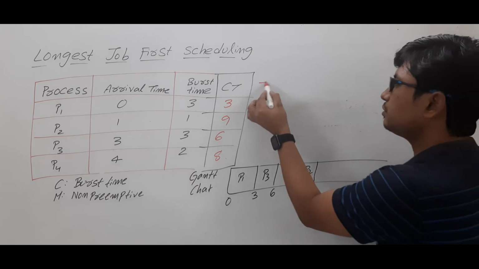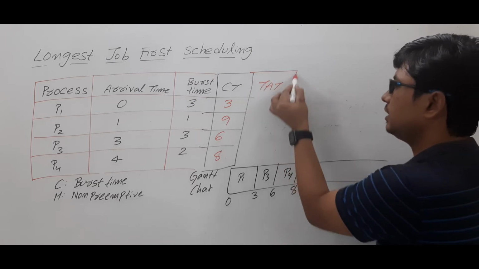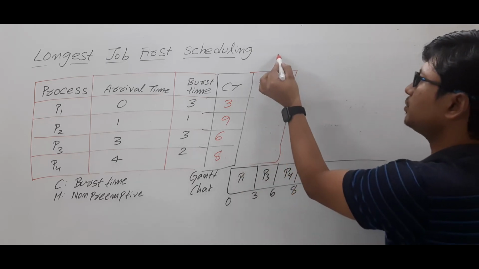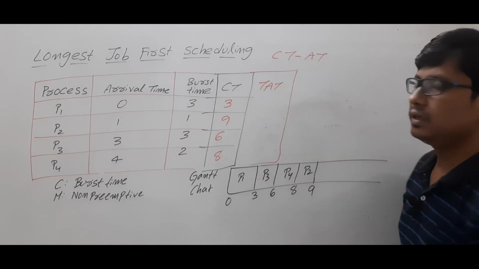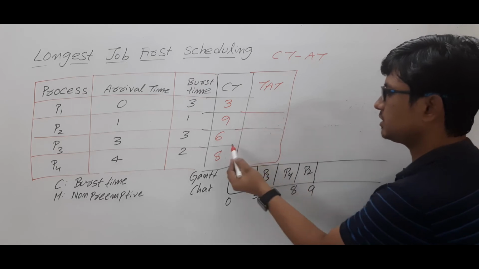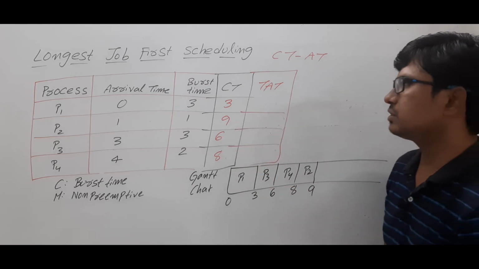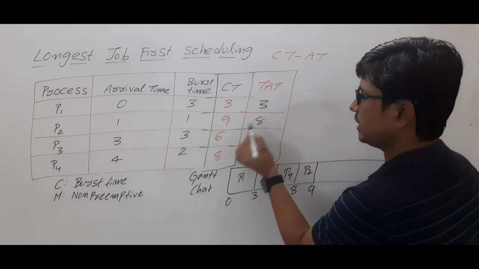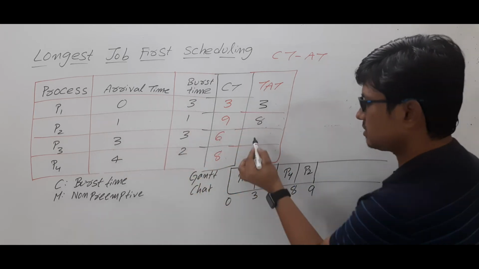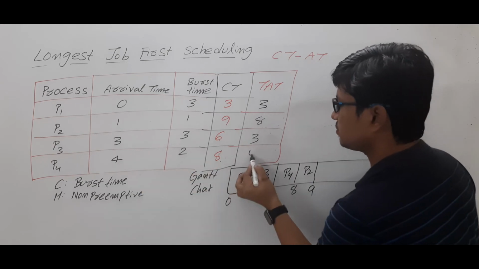Now we need to find the turnaround time. The turnaround time is computed as completion time minus arrival time. Look at each process's completion time and arrival time. So 3 minus 0 is 3, 9 minus 1 is 8, 6 minus 3 is 3, 8 minus 4 is 4.